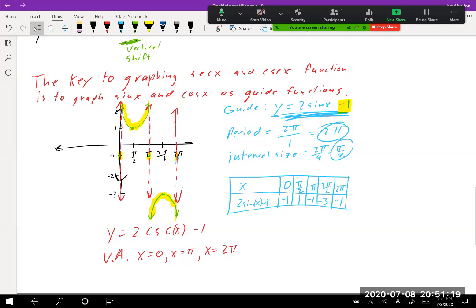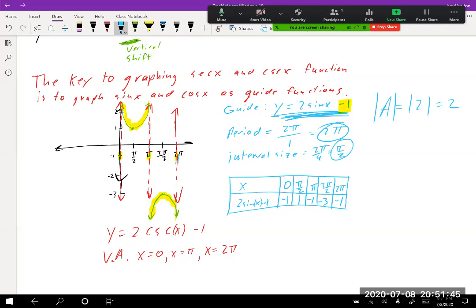And remember, amplitude is the distance from the median line, so it's kind of not something that's applicable in this sense. So it did affect everything, and it definitely affected the amplitude of the guide function. So the guide function had an amplitude equal to the absolute value of A, which was the absolute value of 2, which equals 2.